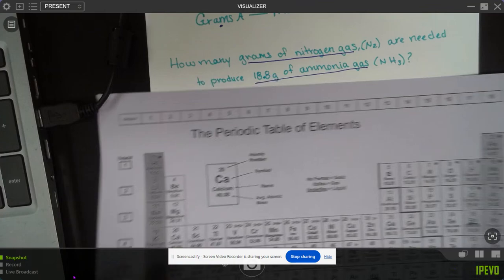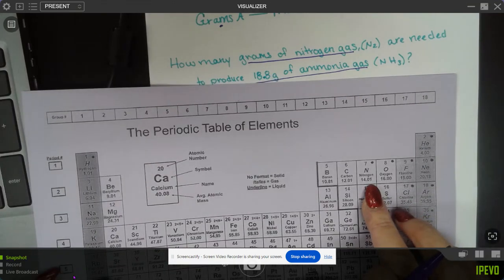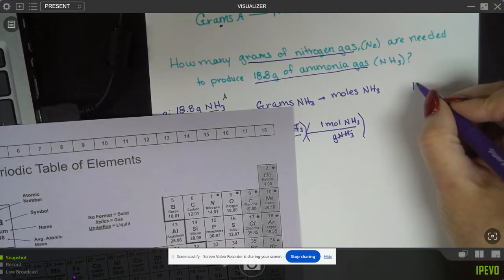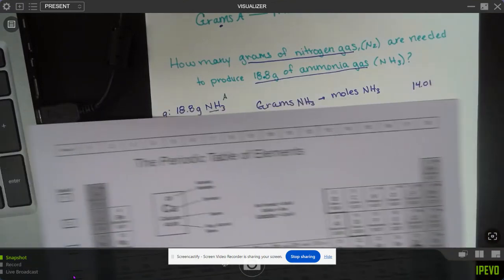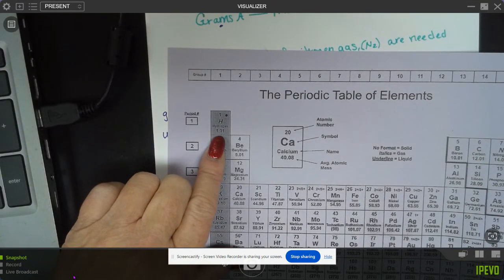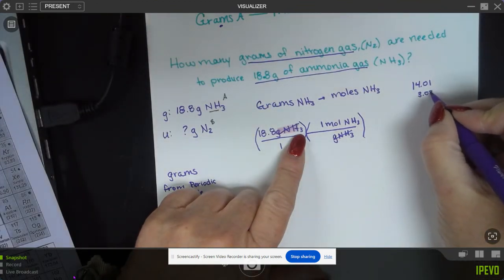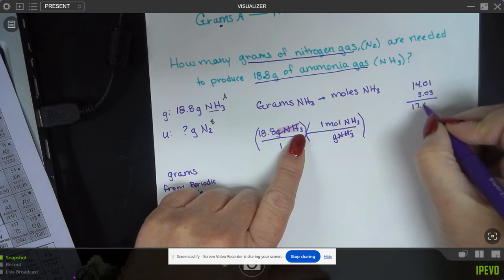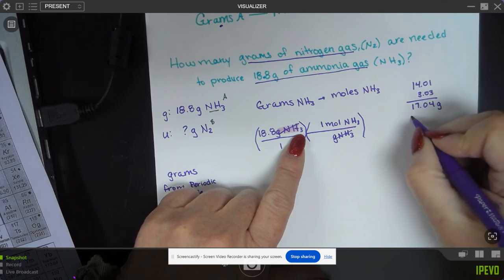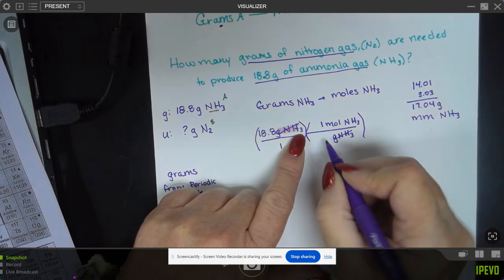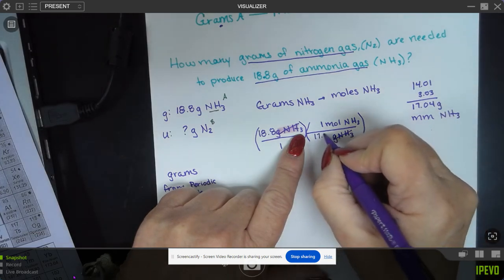So I need to find grams of NH3. If I look at my periodic table, I find nitrogen. Nitrogen has a mass of 14.01. And hydrogen has a mass of 1.01. I have 3 of those, so 3.03. That's 17.04 grams. That's the molar mass of NH3. So that's what goes in here, 17.04.